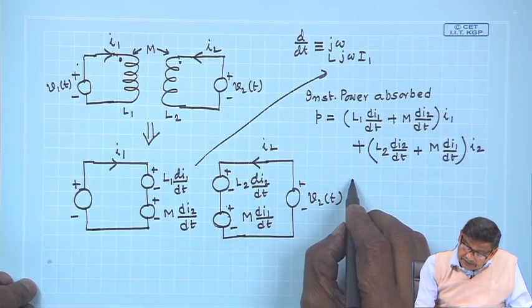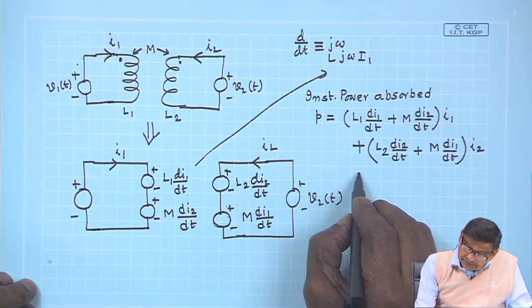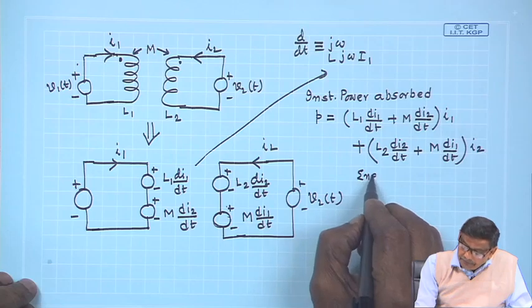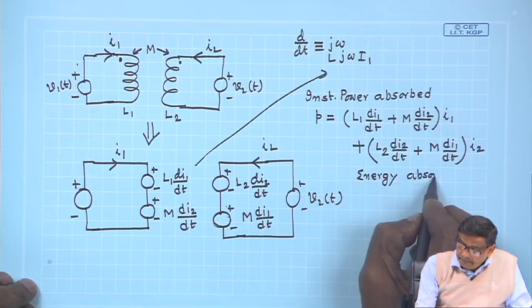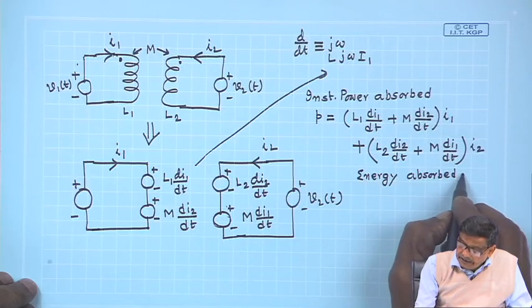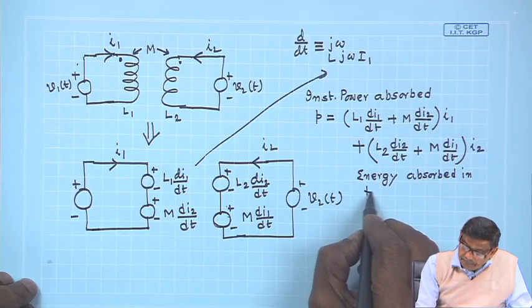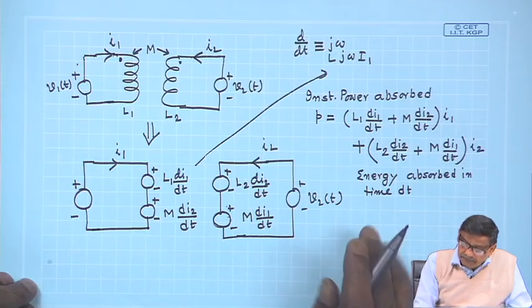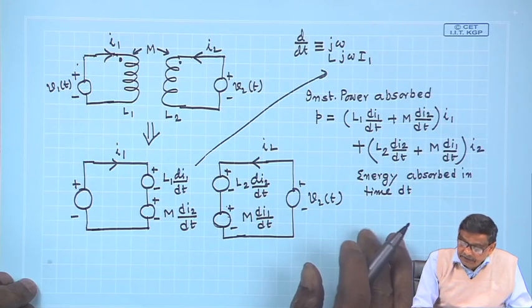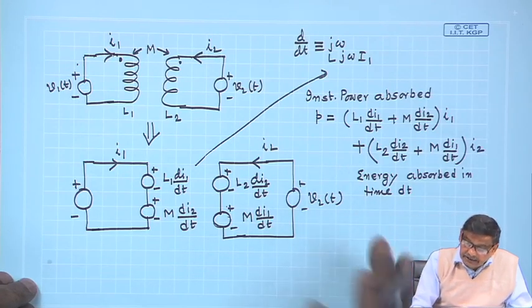Then the energy absorbed in time dt, which is vanishingly small, that is calculus type, dx dt, like that dt.